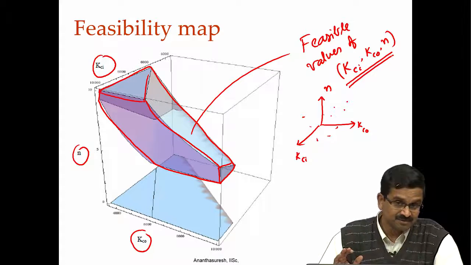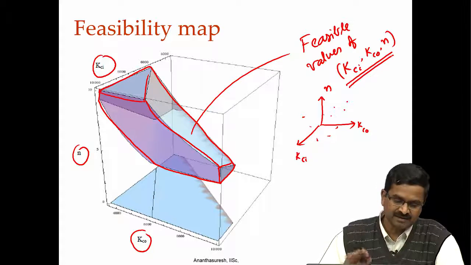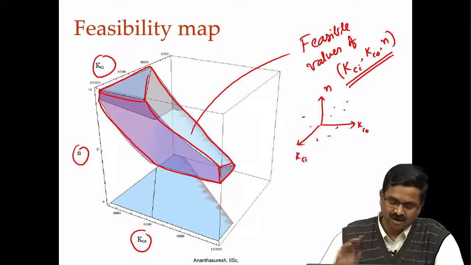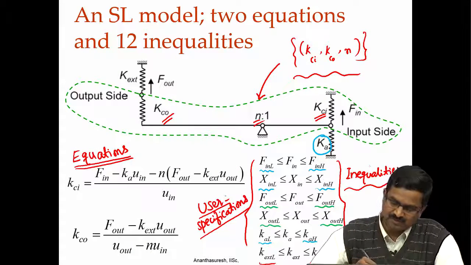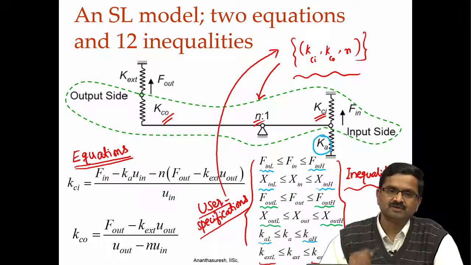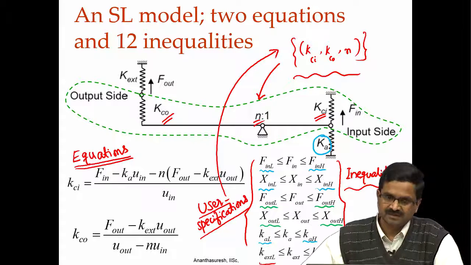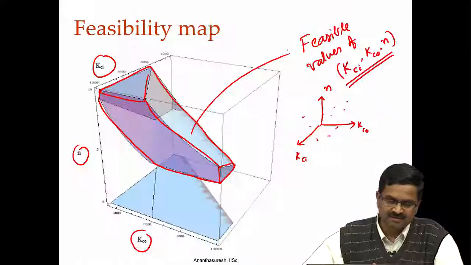Now, there is no mechanism as yet, it will come, but right now we just want to tell the user how the specifications relate to these values. So, that is the crux of constructing the feasibility map.